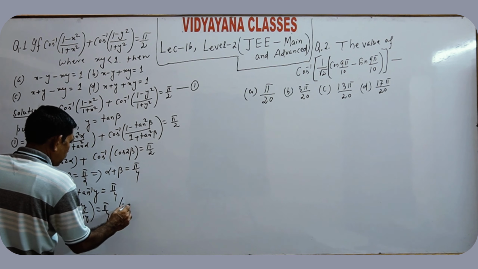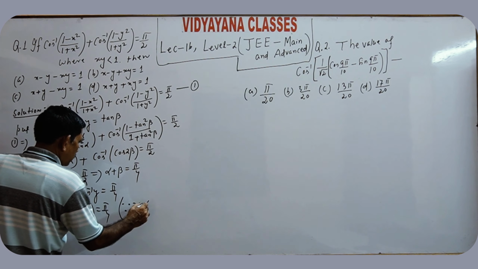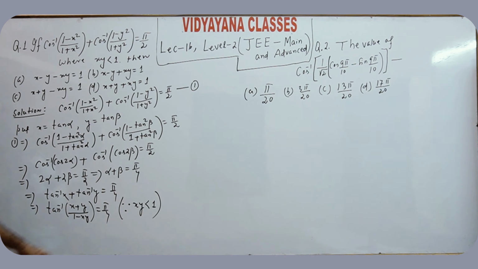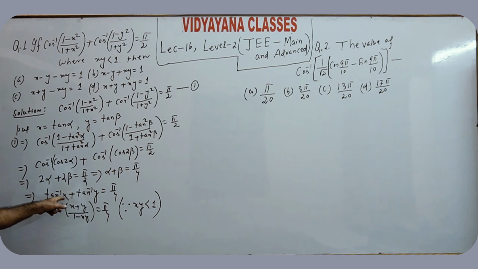Since xy less than 1, in this condition tan inverse x plus tan inverse y is equal to tan inverse (x plus y divided by 1 minus xy).